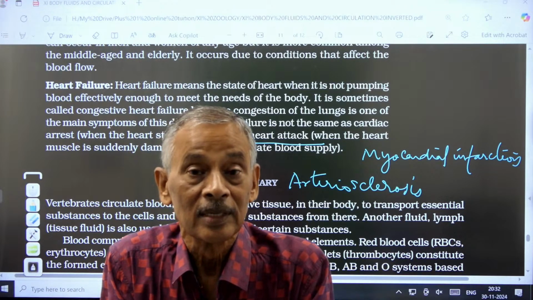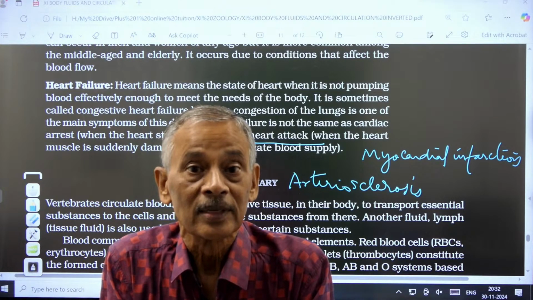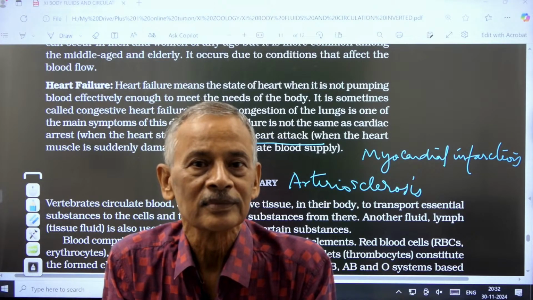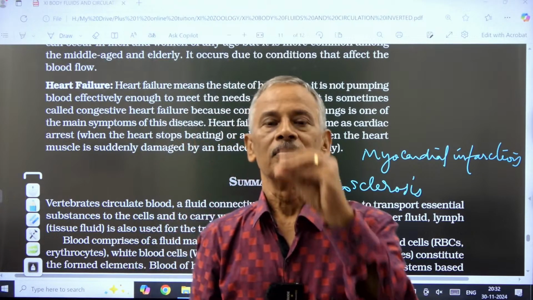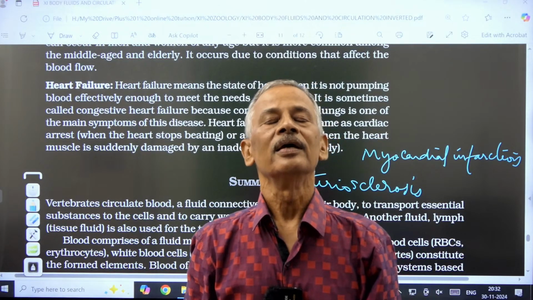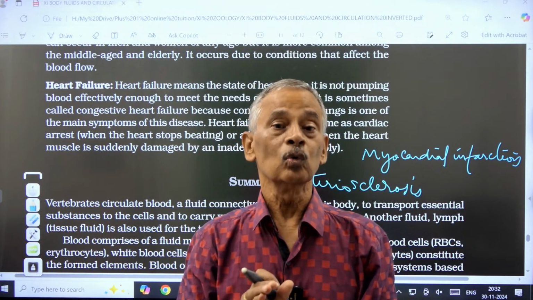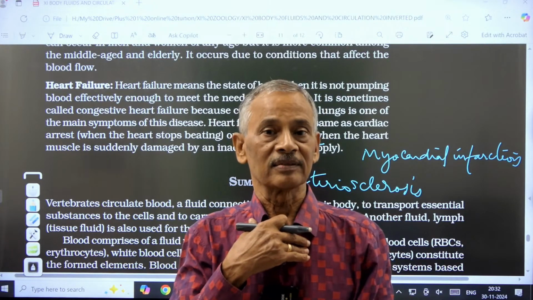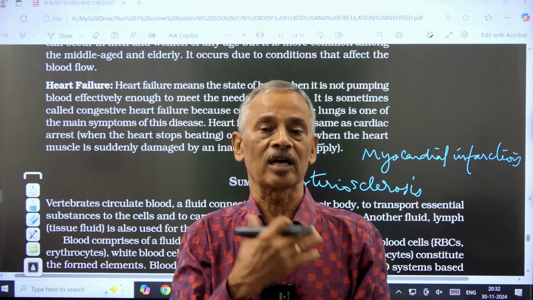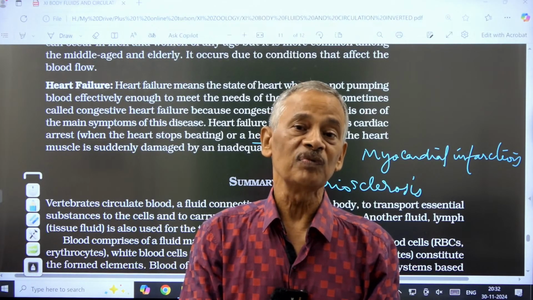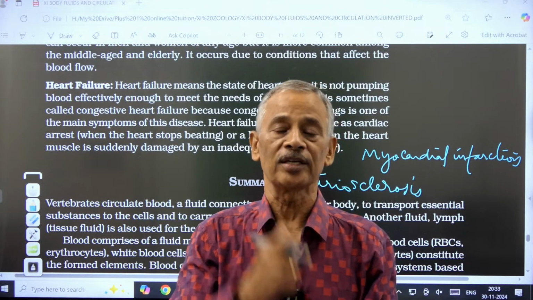When the SA node is not working properly, the rhythm of the heart will be disrupted. And we have to make an implant, an artificial pacemaker. We may require an artificial pacemaker to be implanted.